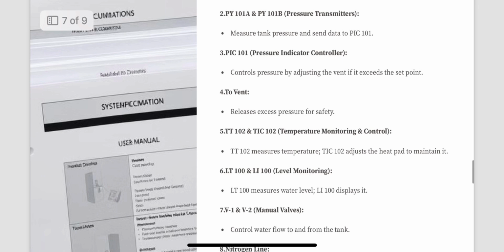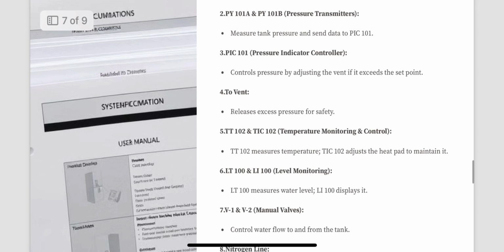And next, number 4 is water level monitoring. On water level monitoring, we have LT100, which is a level transmitter to measure the water level in the tank, and LI100 is the level indicator that displays these measurements. Next, number 5 is additional components.